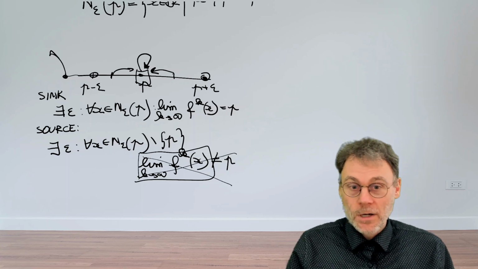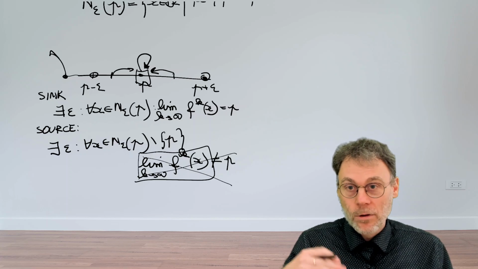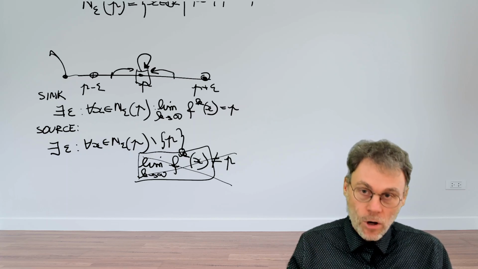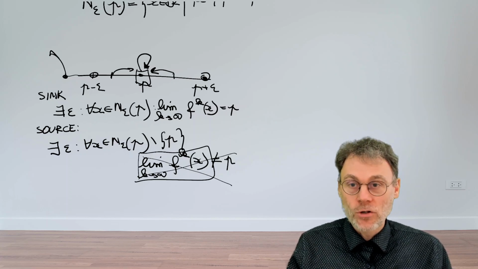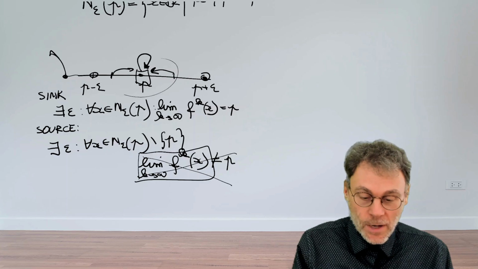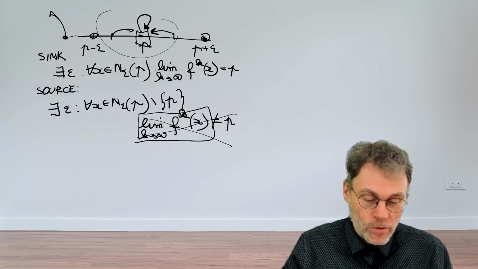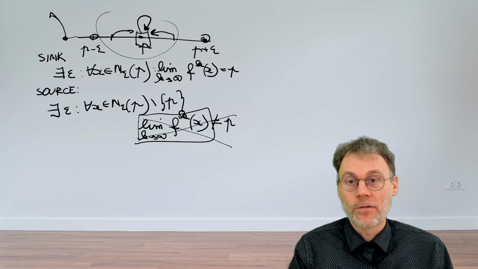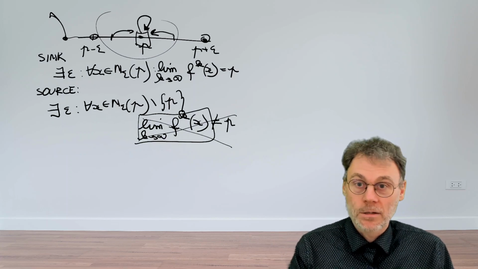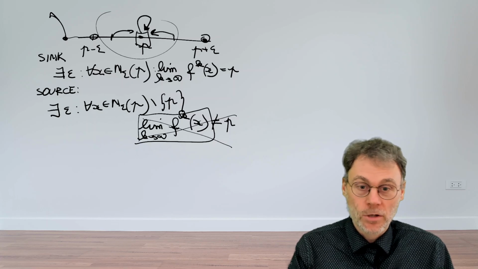What we could say, for example, is that if you keep on applying the map long enough, eventually you should move out of this epsilon neighborhood and never come back. That's a more rigorous way of writing this definition down without relying on the limit of the orbit existing.